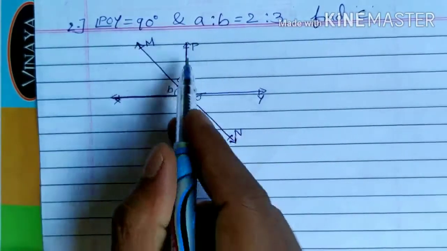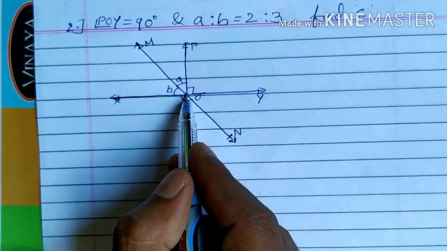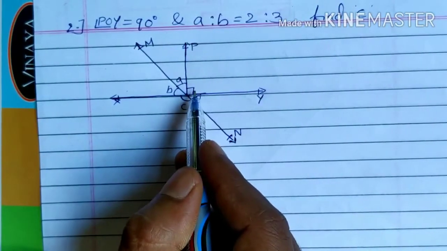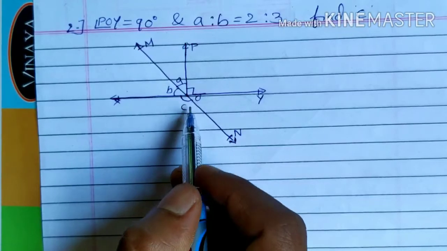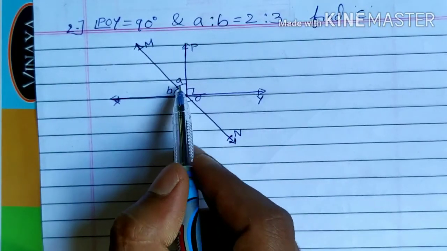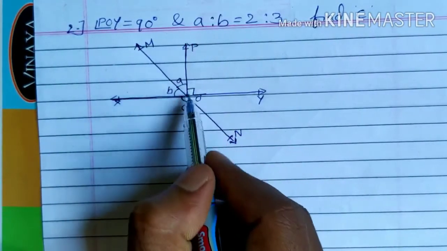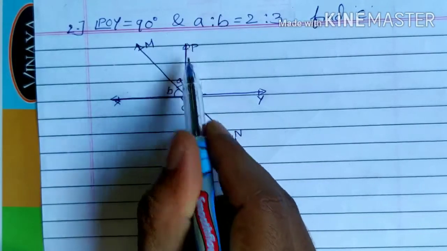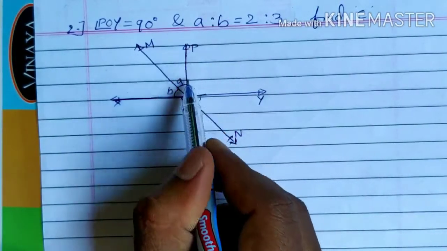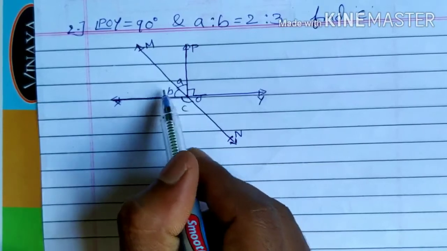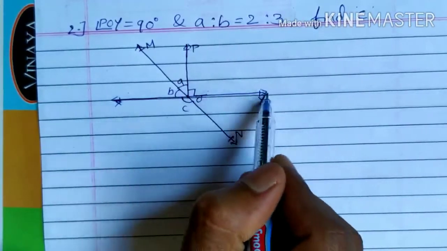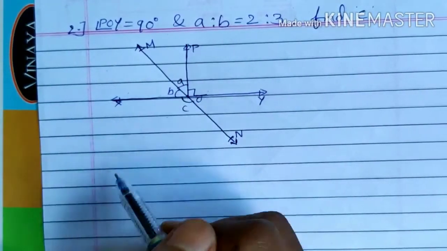And PO, this is point O, angle POY is equal to 90 degrees. Before finding C, we will find A and B. To find A and B, we have to find POX, because POY is given. We can find it using linear pair of angles, because POY and POX are linear pair of angles.